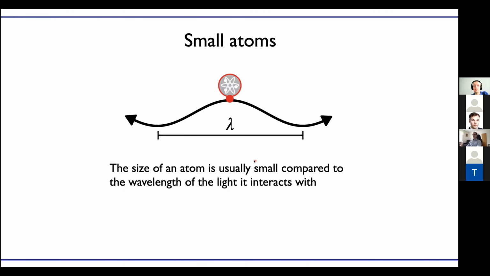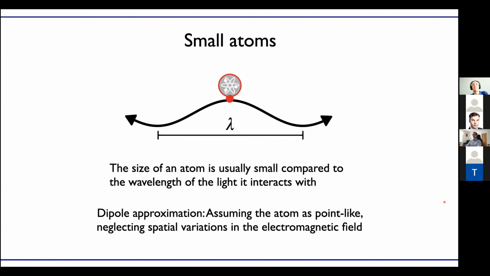Usually in nature, the size of the atom here in red is much smaller than the wavelength lambda of the light it interacts with. This allows us to make the dipole approximation, where you assume the atom is point-like, and you can neglect any spatial variations in the electromagnetic field. So you just have to take into account the value of the field at this one single point where the atom is coupled to it, which makes life easy for theoreticians.